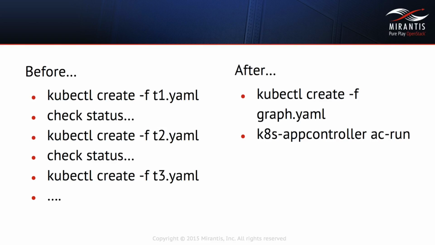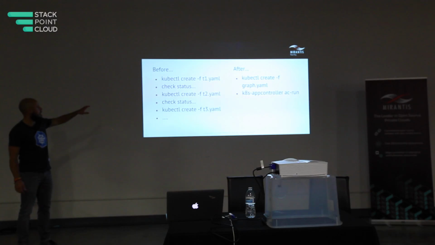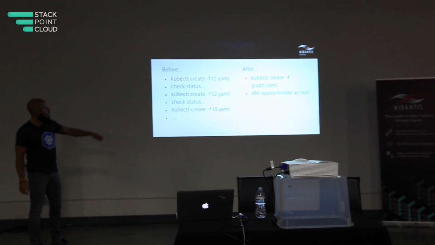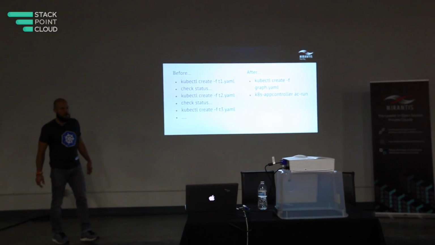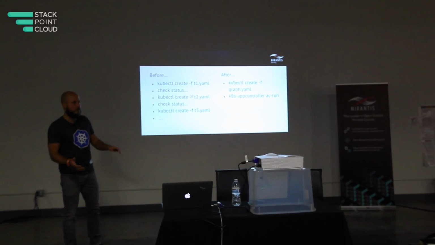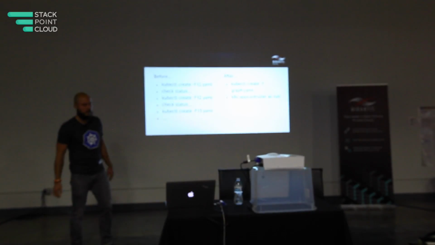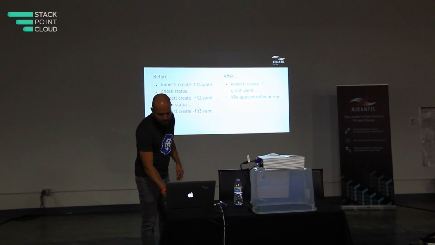So we want to take Kubernetes from the state where deploying a WordPress application takes 3 kubectl create calls to creating it in one provisioning command, kubectl create, where you give the YAML file with the graph and trigger the deployment using Kubernetes AppController. And all the layers get sequenced and provisioned one after another for you.